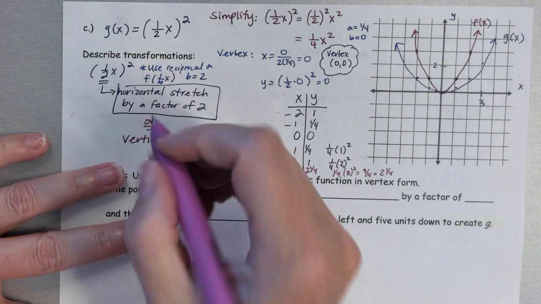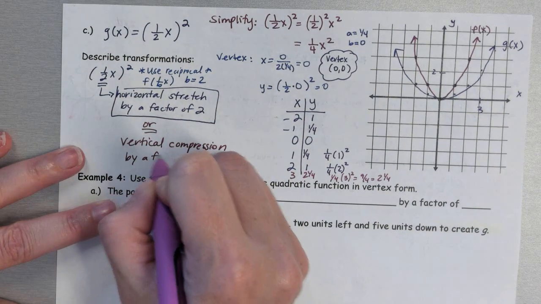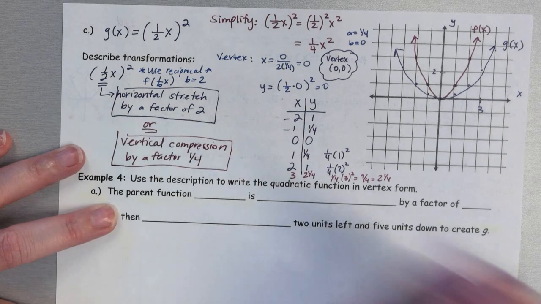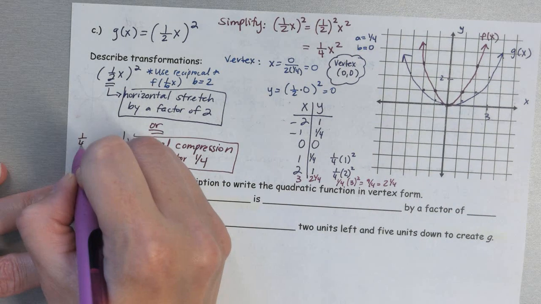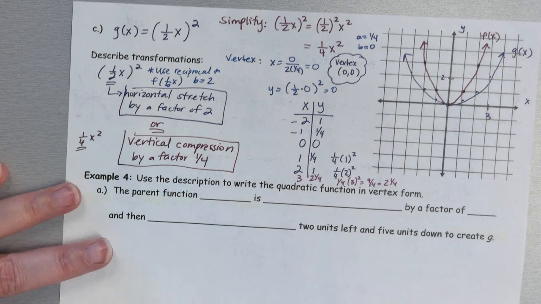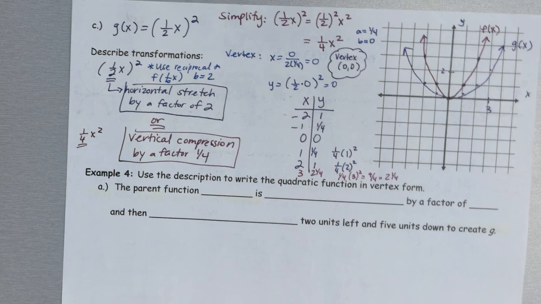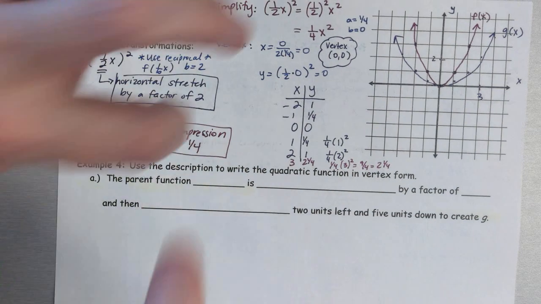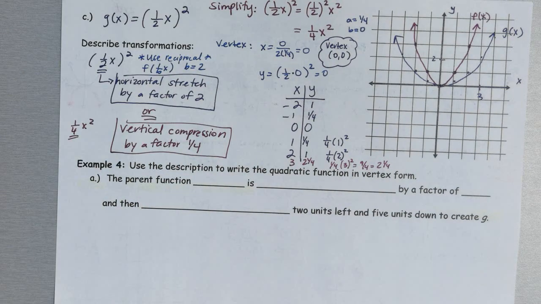So it's a vertical compression by a factor of 1/4. And again, that just comes from 1/4 x squared. You have the 1/4 there. Okay, so when you're doing your homework, you only have to tell me one of those. You don't have to do both, okay?